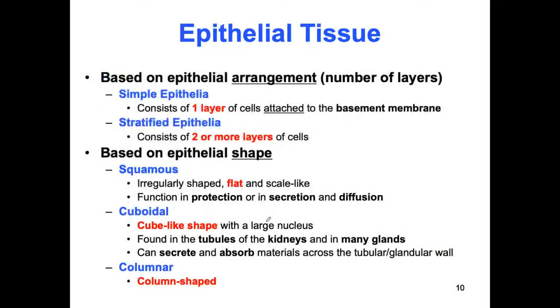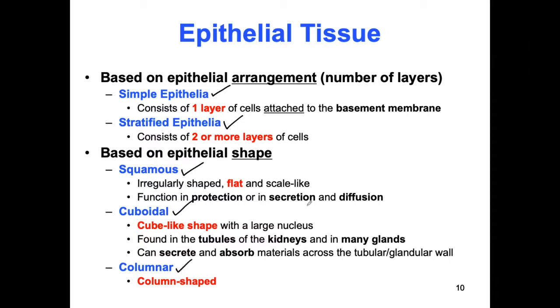Okay, that's an important concept. So again, the epithelium, to kind of review. Once we establish the cells are closely packed together, they could be either simple epithelium or stratified, depending on one or multiple layers. They're either irregular flat-shaped cells, cuboidal cells, or columnar cells.